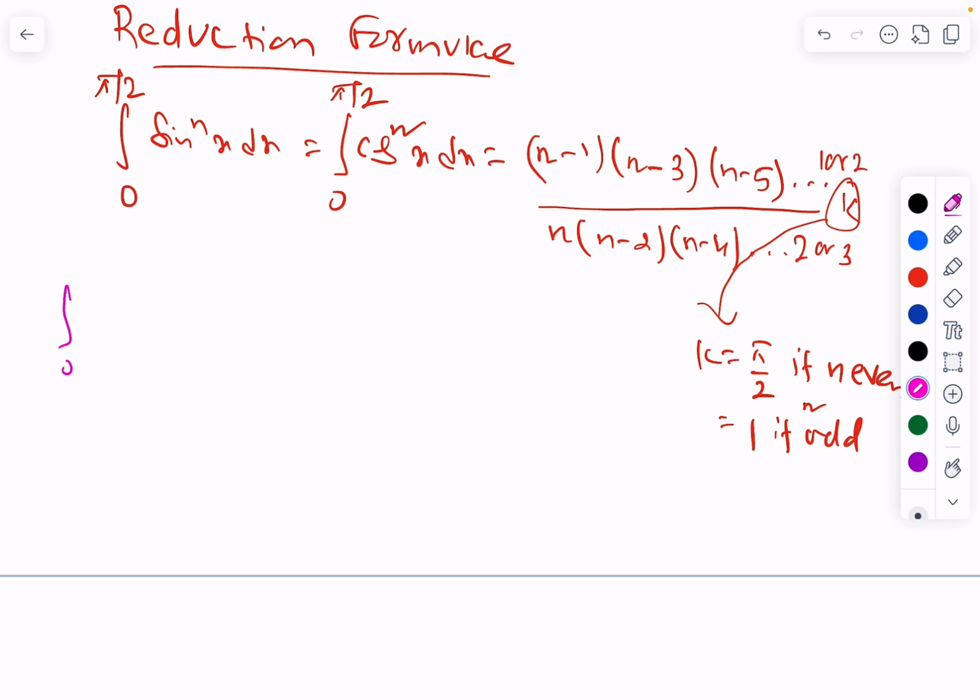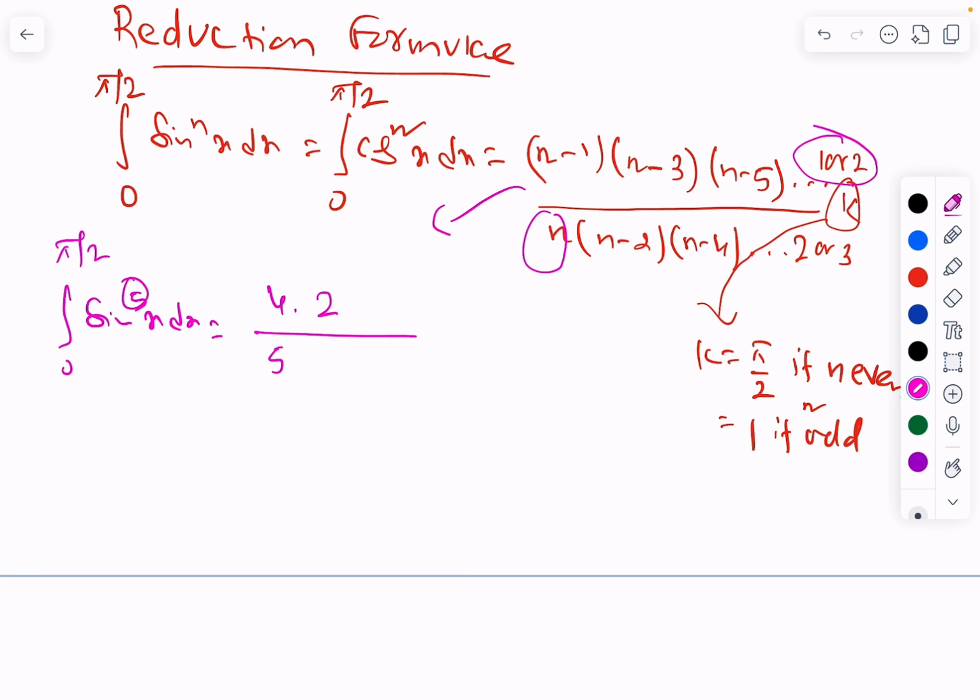If we have integration 0 to pi by 2 sine power 5 x dx, then let us apply this. 5 minus 1, so that is 4. Decrease this in a gap of 2, so that is 2. So if we have 1 or 2, we have to stop. Here it is n, n is 5. So 5, again in a gap of 2, so 5 minus 2, that is 3, then 1.